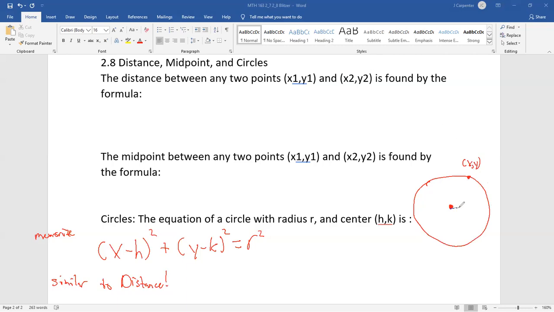So this distance right here, that's the change going from x to the center. Well, that's h. So that's x minus h. This vertical distance, that is y minus k. That's the difference of the y values. And this center is h comma k.